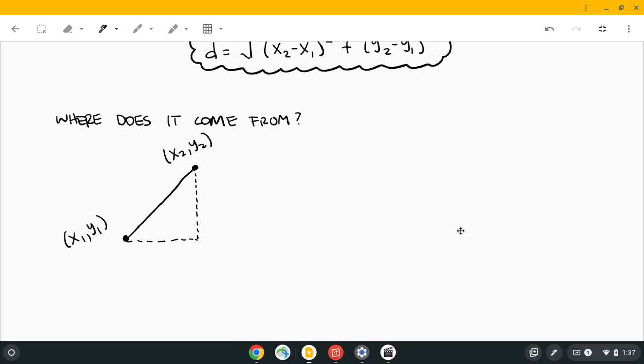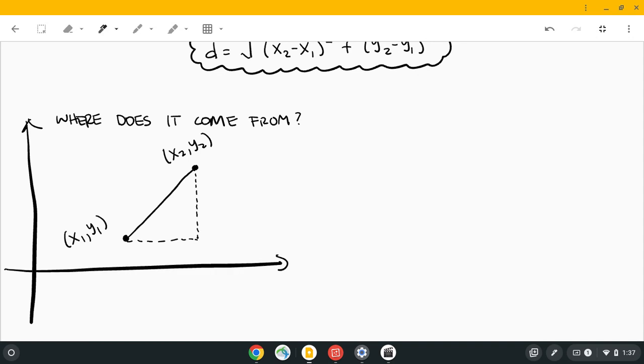Let me draw the plane. Okay, and this here is x1, and this here is y1, and this here is x2, and this here is y2. All right, so here, this distance here is just the difference between x2 and x1, so x2 minus x1, right? So this is x2 minus x1.